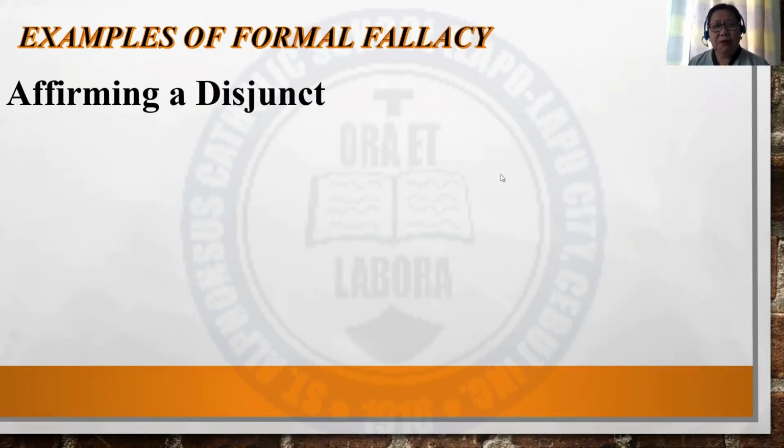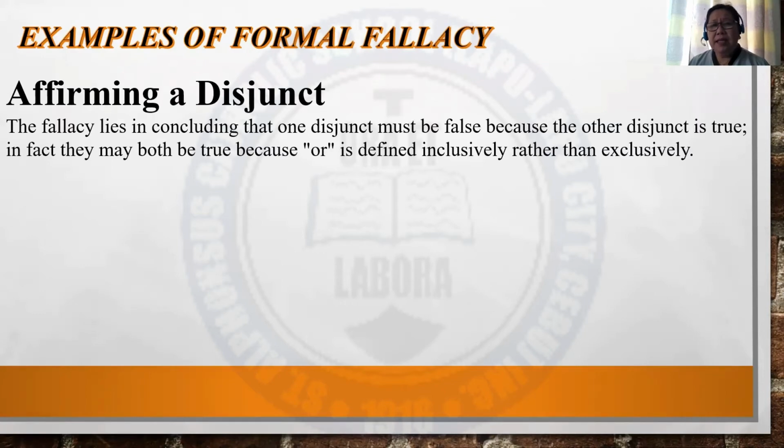Next, let us have affirming a disjunct. The fallacy lies in concluding that one disjunct must be false because the other disjunct is true. In fact, they may both be true because or is defined inclusively rather than exclusively.